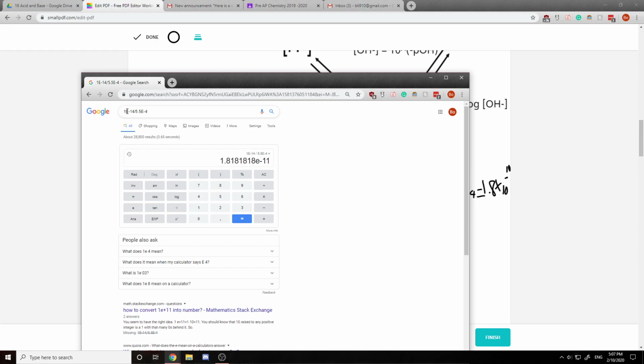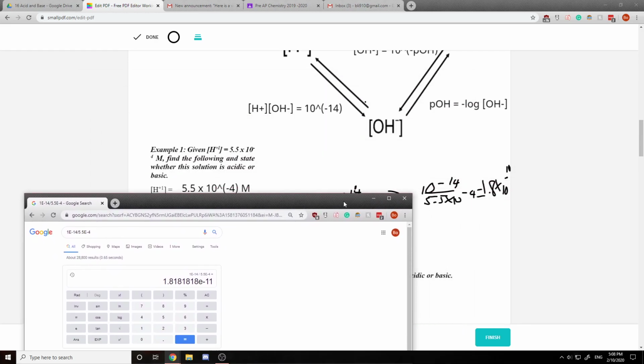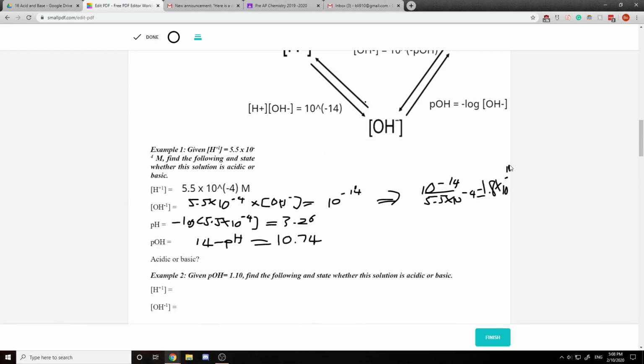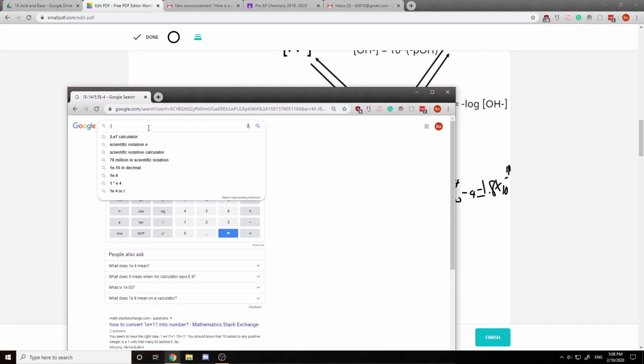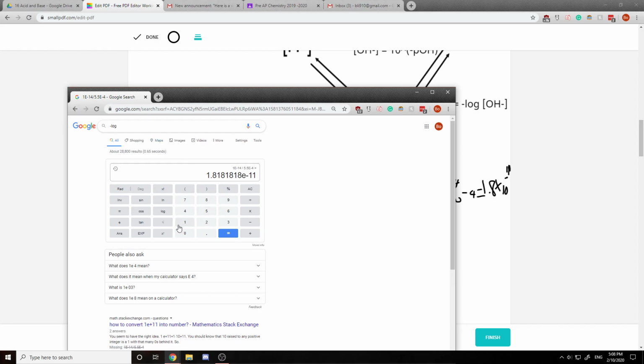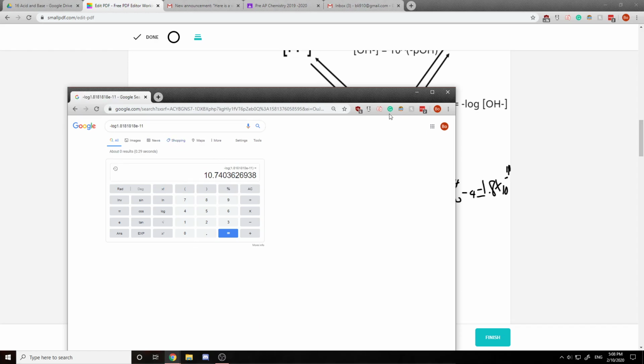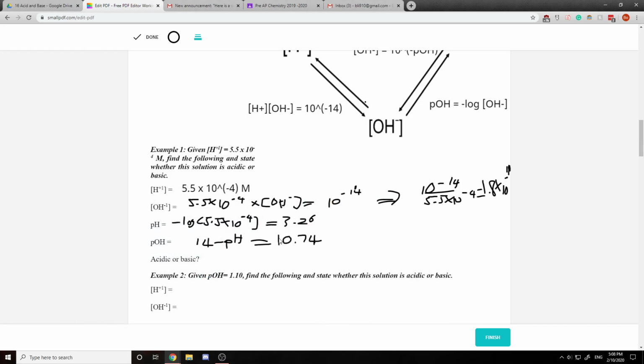Okay, I put a 10 E. There's an extra 0 in there. Okay, so 11. So if you do the negative log of the answer, which is 1.81 times 10 to the negative 11, you actually get 10.74, which is the same thing as getting it this way.